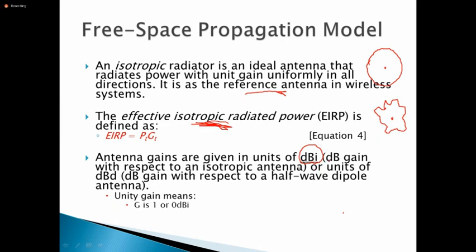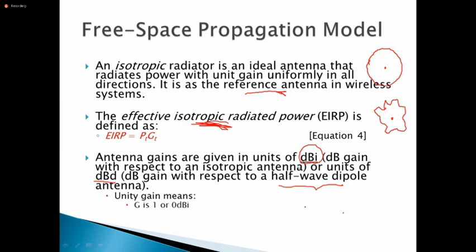So you will find in antennas the gain is given in dBi. Okay, or units of dBd. Now dBd වලින් දෙනවා half wave dipole antenna එකකට සාපේක්ෂව gain එක කොච්චරද කියලා. half wave dipole antenna එකකට සාපේක්ෂව මේ අපේ මේ effective radiated power කියලා විතරයි කියන්නේ.